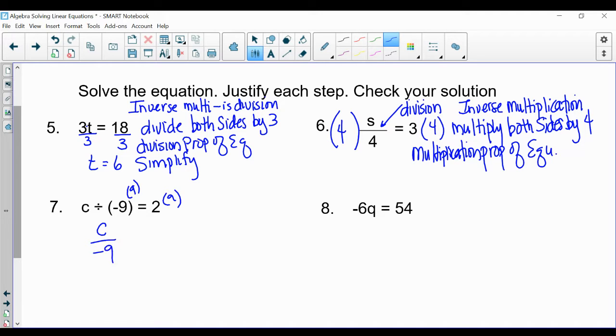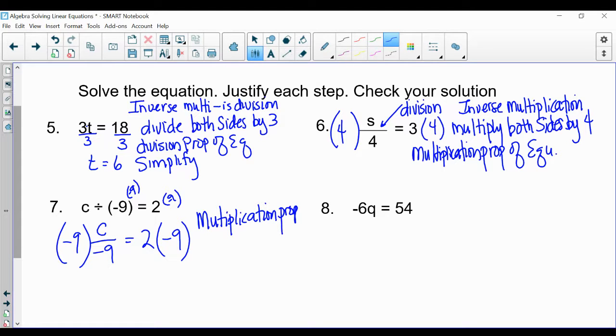Oh, this is negative. We can do it that way, so those two things mean the same thing. Again, I'm going to multiply both sides by 9, so I'm going to use the multiplication property of equality.